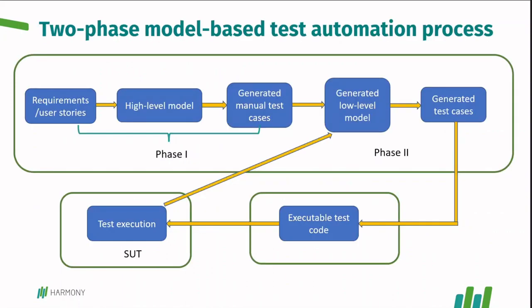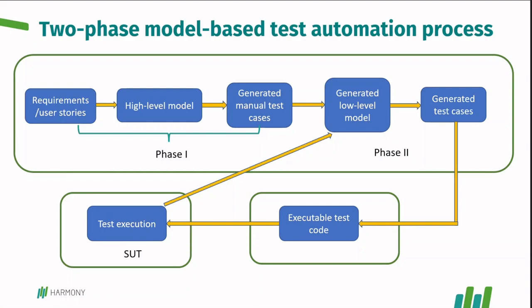Okay. And here is the two-phase model-based test automation process. We start from the requirements or the user stories, and from the user stories, we should create a high-level model. This is a manual step, and from this model, the manual test cases are generated.